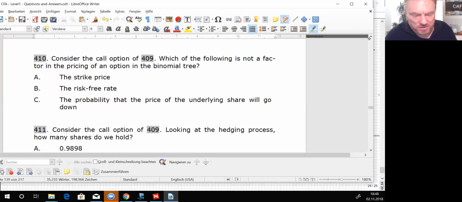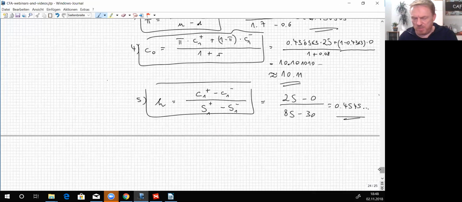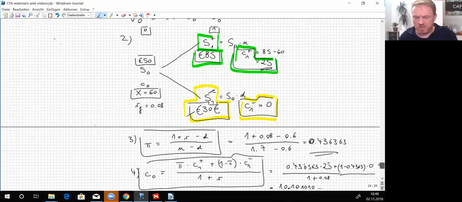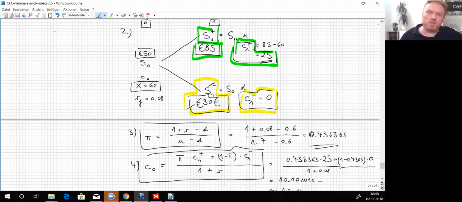The answer is C, because the strike price is a factor as well as the risk-free rate. The strike price was a factor because we computed the numbers 85 and 30, the prices going up or down, and 25 and 0 had the strike price in it, at least implicitly.